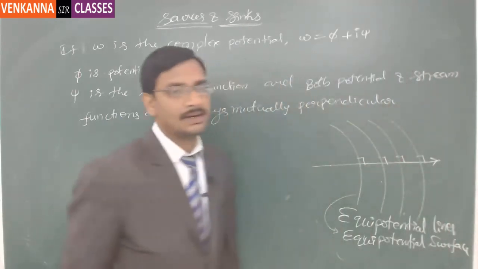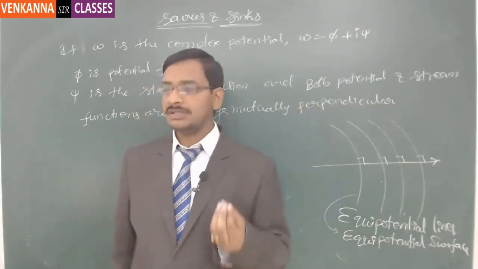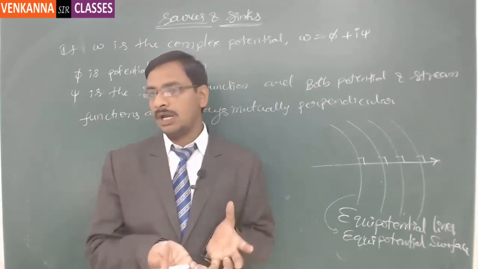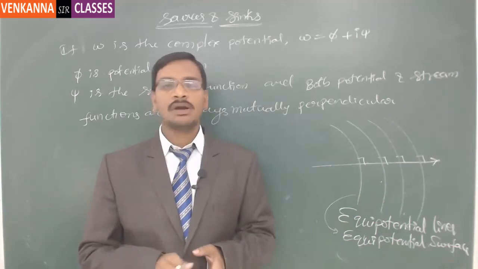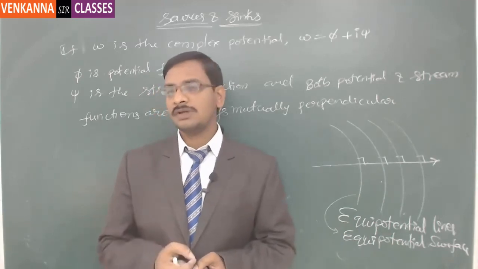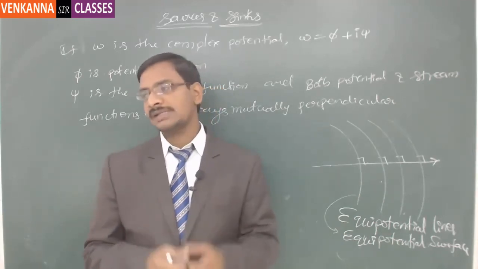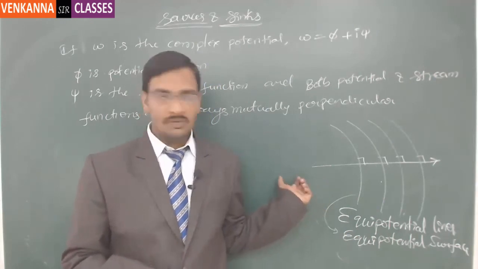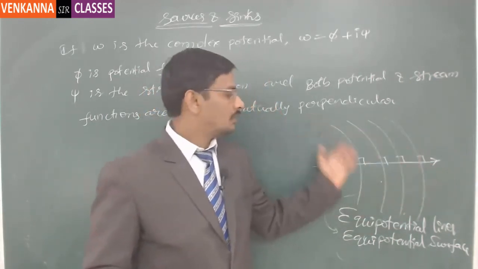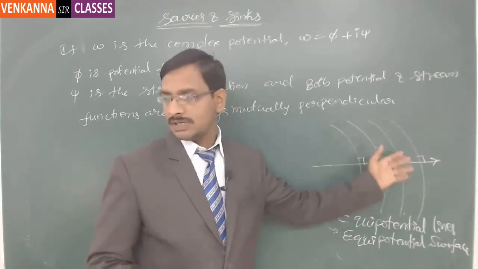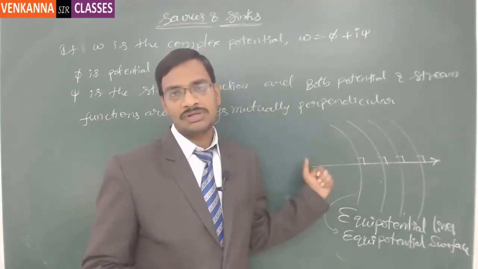Now if you take an electric field, there is a charge inside. Imagine there is a ball around it. That ball is nothing but the equipotential surface, because at every point on the surface, the potential magnitude will be exactly the same. Here also, when there is a fluid flow happening in this direction, whatever the shape of this surface, these are equipotential surfaces.